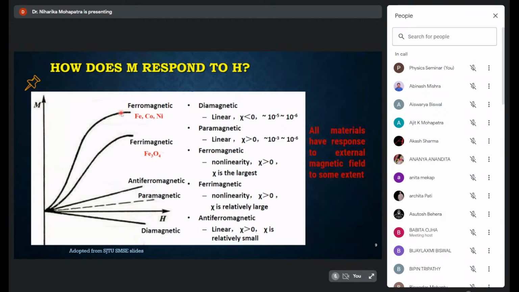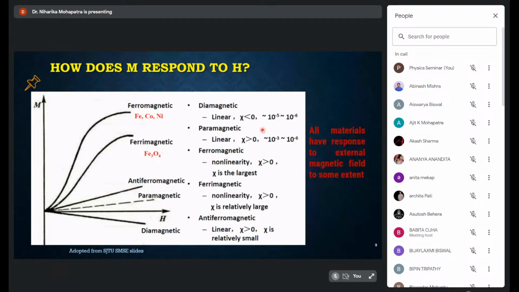And other systems like ferro, ferri, and antiferro are non-linear systems. And their chi, for ferro and ferri, is very large. For ferro it is the largest, then the ferri and all that. For diamagnetism it is very small and negative. So this is how it responds.